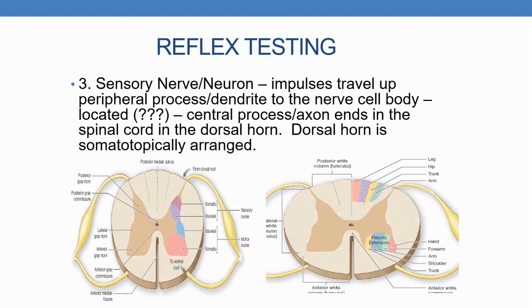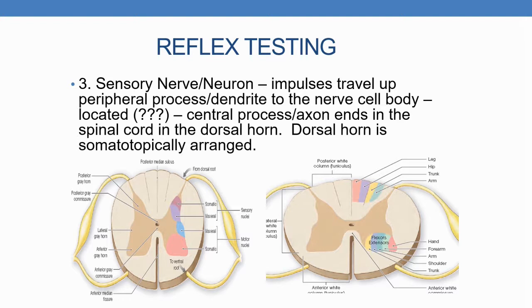That impulse is conducted from the receptor up the dendrite to the nerve cell body, the sensory neuron cell body. And we know that the sensory neuron cell body is located in the dorsal root ganglia, immediately adjacent to the spinal cord.